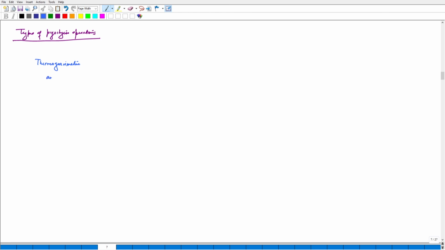Thermogravimetric analyzer, fixed bed reactor. Right now we are just describing different types of facilities that can help in the pyrolysis.